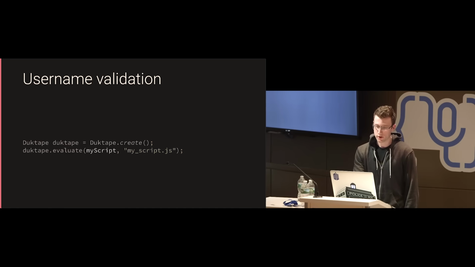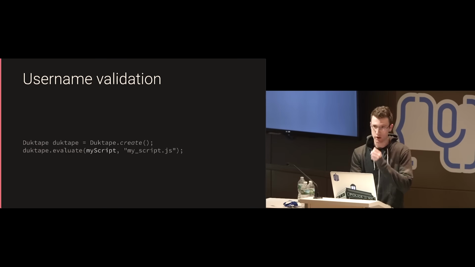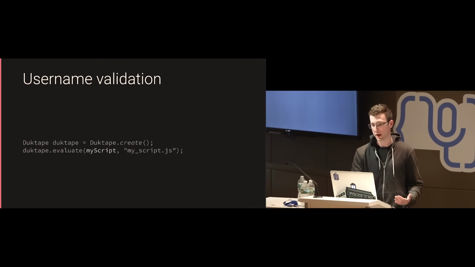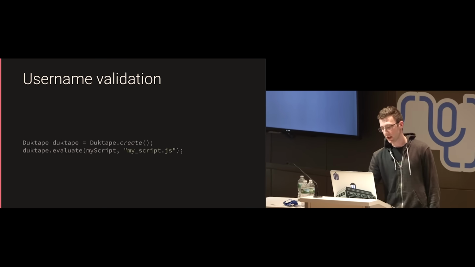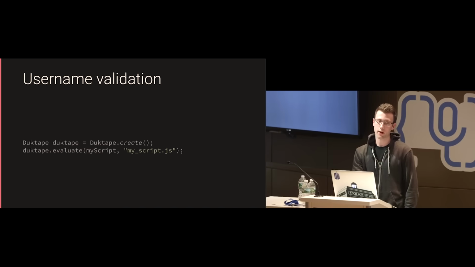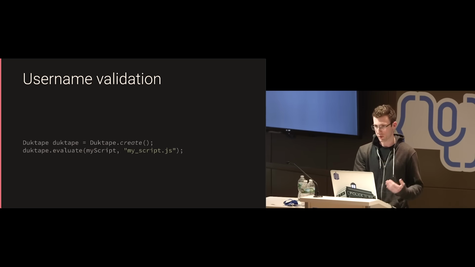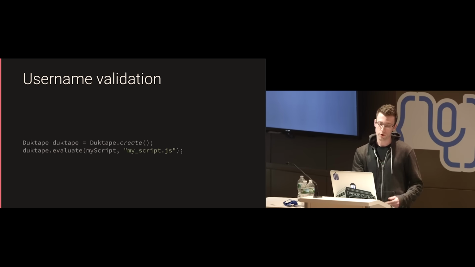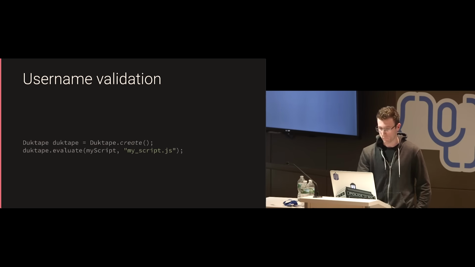And the first variable you pass in, this is your script. It is the function that I showed you earlier as a string. And then the second parameter is an optional name that is used for stack traces. So if your JavaScript throws an exception, Duct Tape Android will synthesize the stack trace to go through the JavaScript that you provided.